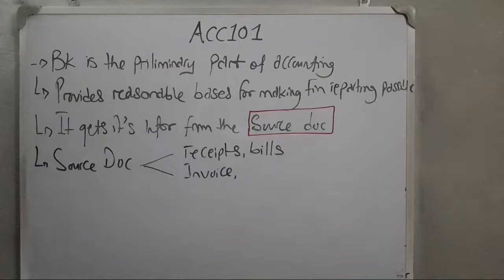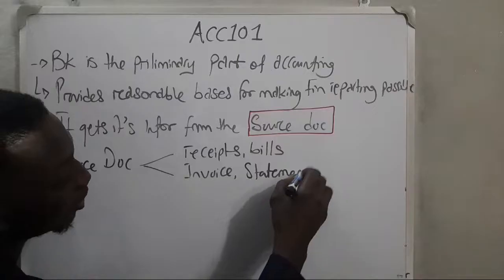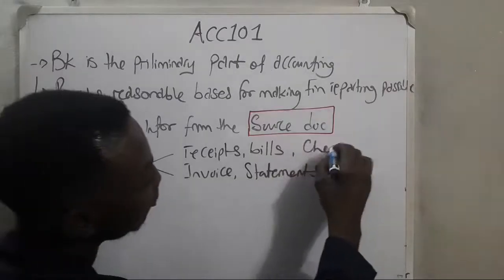We are still going to talk more about the source document when we get to the subsequent part of this course, but this is just a quick intro to it. So we have statements and we have checks.